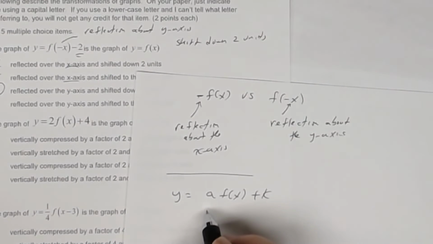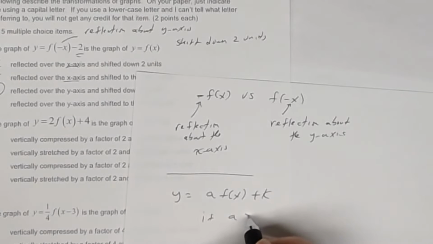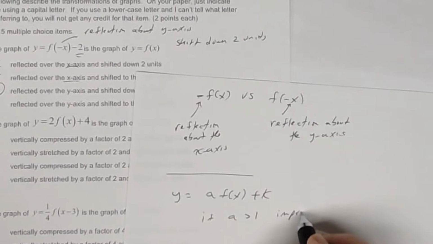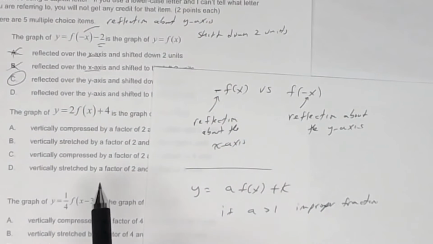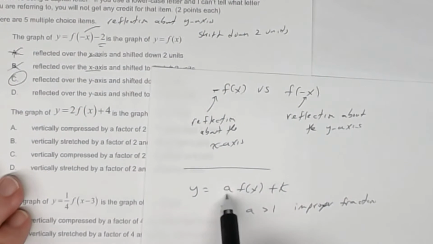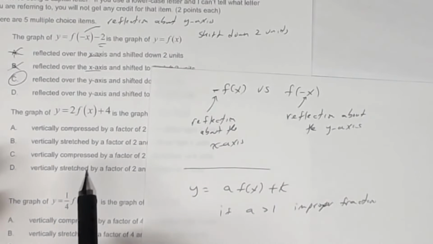So if a is greater than 1, meaning an improper fraction, then the number out in front of a f of x is a vertical stretching or a vertical compression. You have to remember which one it is.